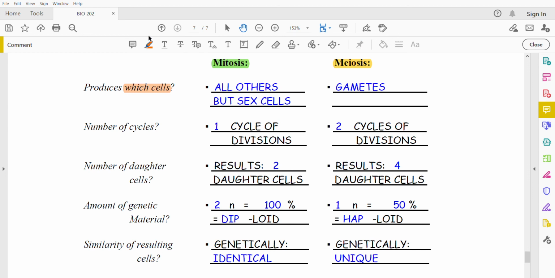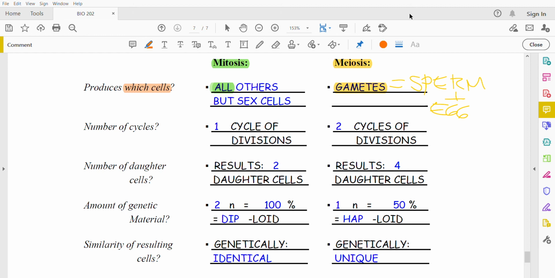Well, you remember that mitosis produced all cells in the body, with the exception of the sex cells. So mitosis really produces every other cell but the gametes in the body. And you remember that our gametes were our sperm and egg cells.